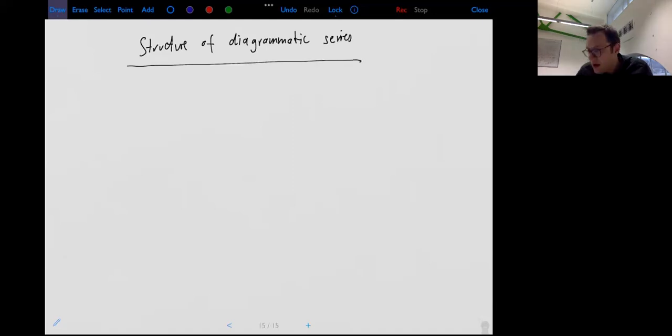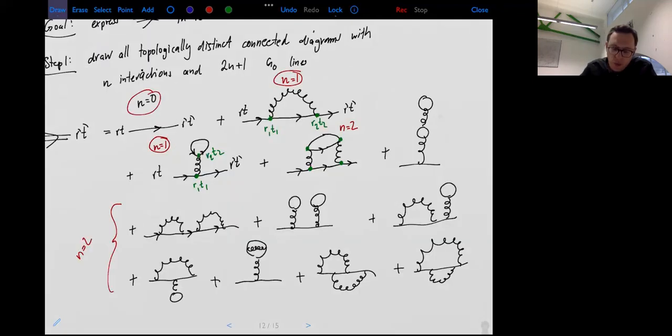So what we'll try to find is if there is, in this infinite diagrammatic expansion of the interacting Green's function, any hidden structure. And what we'll find is there is a lot of hidden structure that can be exploited. The first thing that we'll note is that when I look at these diagrams, all the diagrams have one commonality, and that is they have an incoming G0 line.